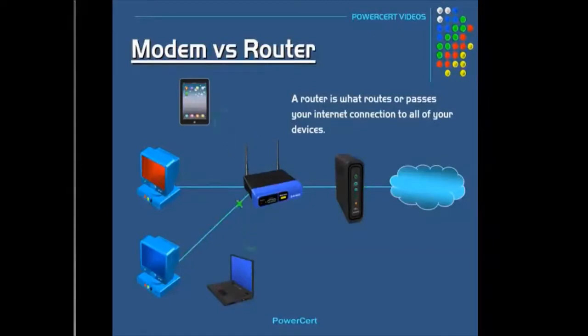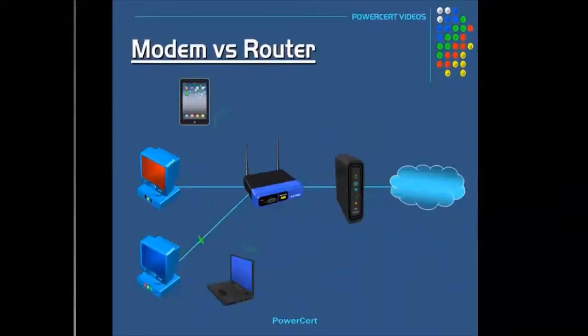A typical small office, home office router, like this one here, will have a built-in switch with multiple ports so that you can connect multiple devices using an Ethernet cable connection. And it also functions as a wireless access point so that wireless devices, such as tablets and laptops, can have internet access.